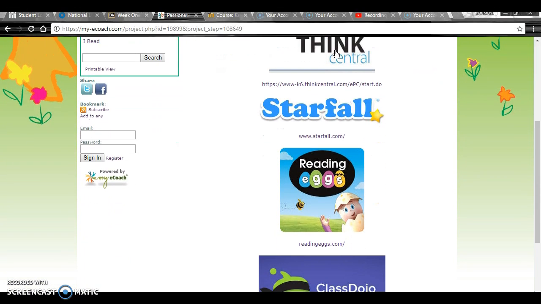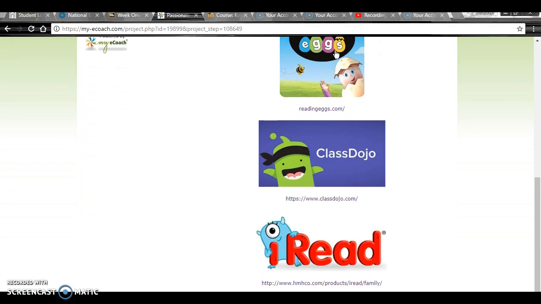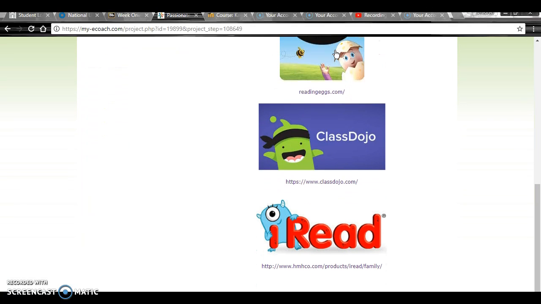And Starfall, it's another good website to teach students how to read. Reading Eggs is a very engaging website. I love using this website. On this website, students can engage with other students. They can compete with other students as well. ClassDojo is a very good website.